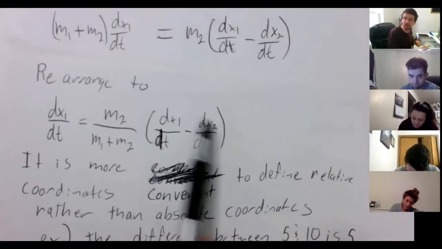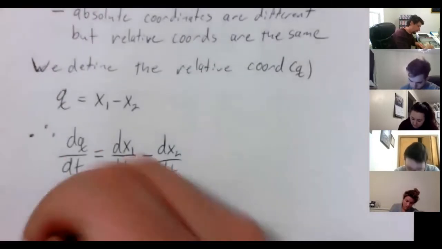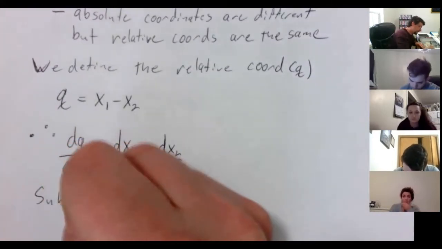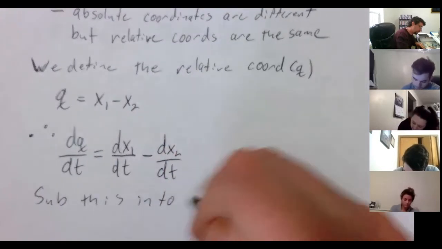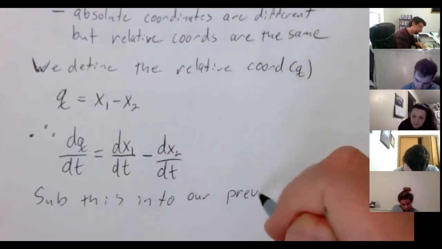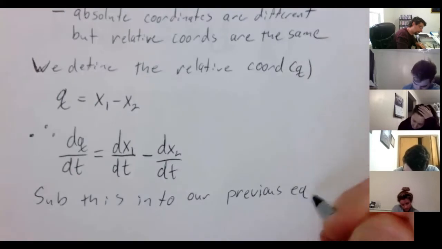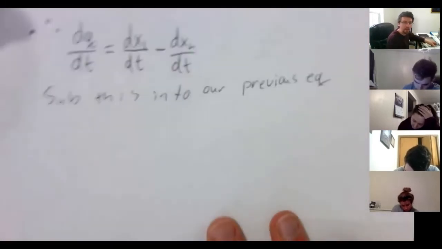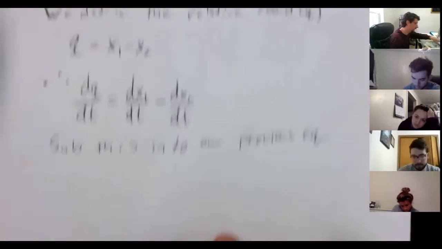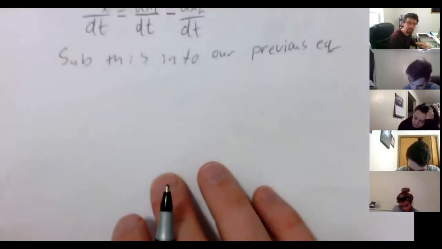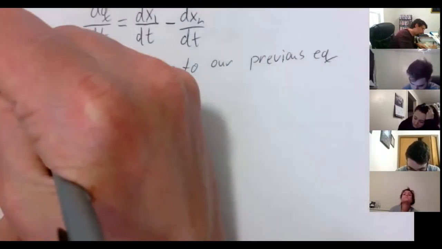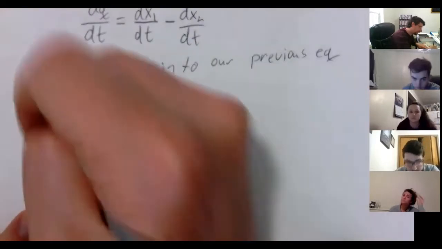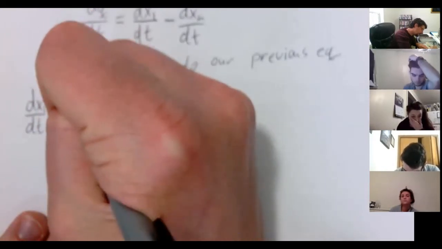Okay, now we can sub this back into this equation up here, and this whole term is going to change. So sub this into our previous equation. And have you guys ever seen dx sub 1 dt represented like x dot sub 1?